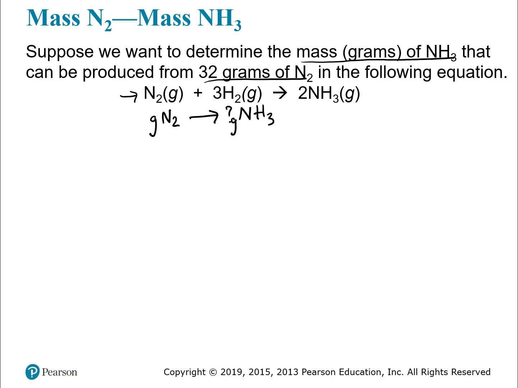We've got to make a couple of leaps. We can't really do a whole lot with grams, but we can do a lot with moles. So if we convert the number of grams of nitrogen gas to moles of nitrogen gas, then we can start doing some real calculations.